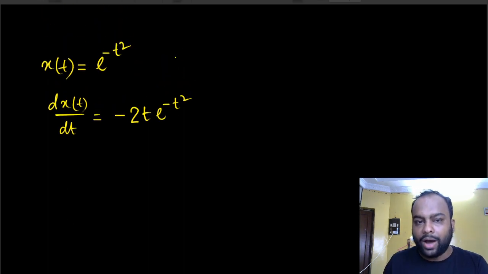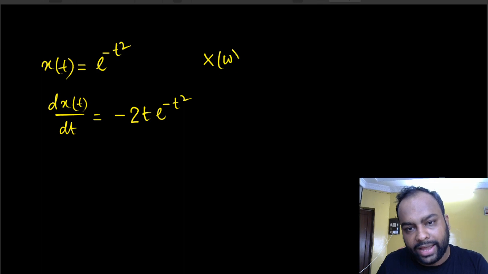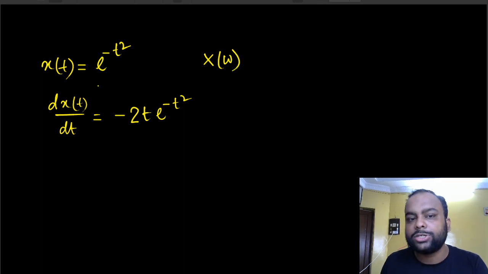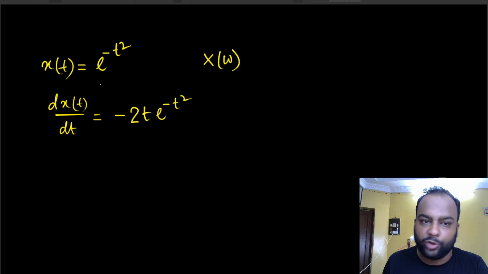Fine. Our objective is again to calculate X(omega), where x(t) is e to the power minus t square. So X(omega) would be the Fourier transform of x(t).